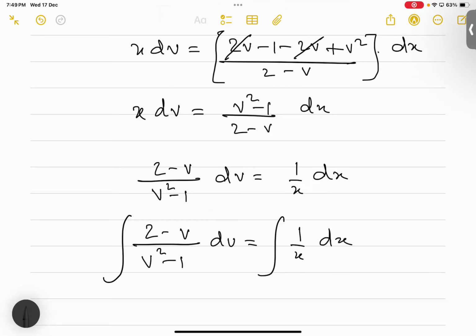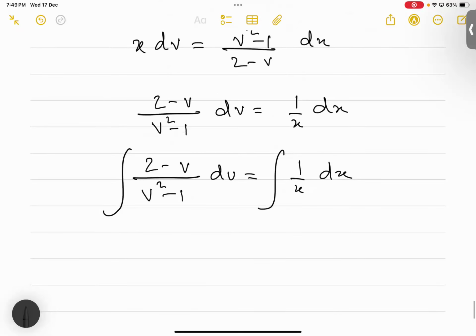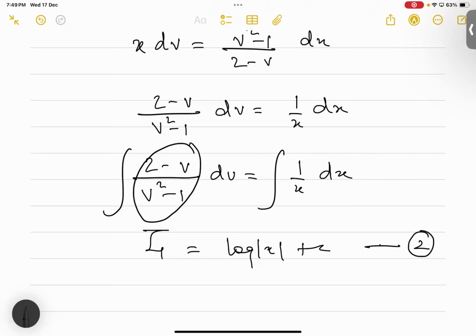What is the issue over here? Left hand side, I1, equation number 2. Now why I have tagged it as I1? Because this is a very lengthy procedure of partial fractions. But then this will be relatively easy because the bracket is factorizable.